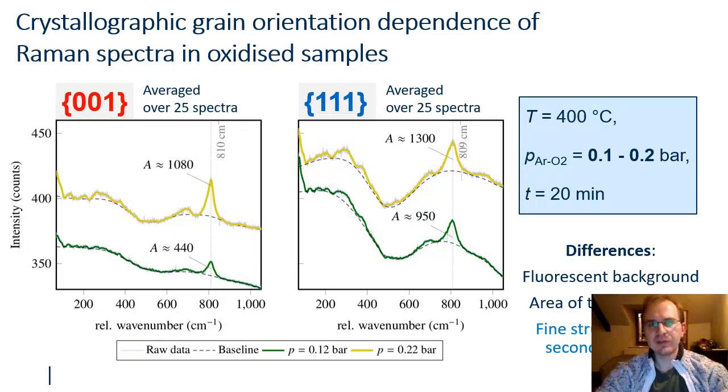This was due to the difference in the fluorescent background and the area of the main peak, and also because of some minor secondary features of a small region of the Raman spectra, which corresponds to the stretching vibrations.